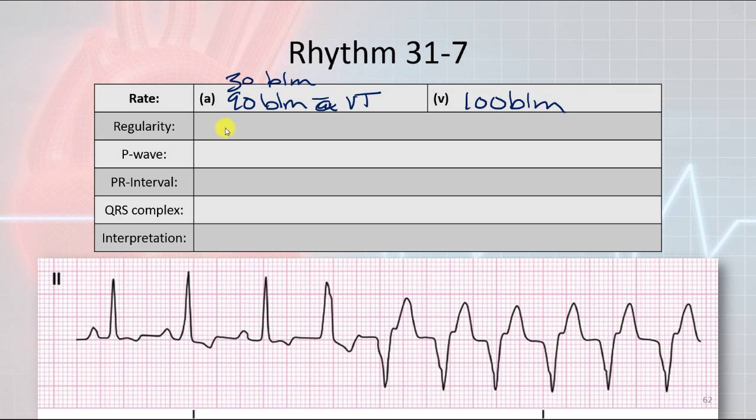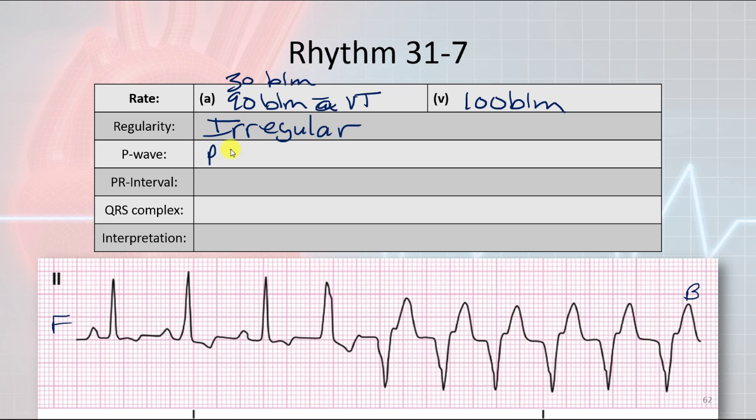The regularity is going to be irregular. This part here is regular with itself. There's a PVC. This part here is regular to itself. But if you start at the front of the strip and go all the way to the back of the strip, guess what? It is all irregular.